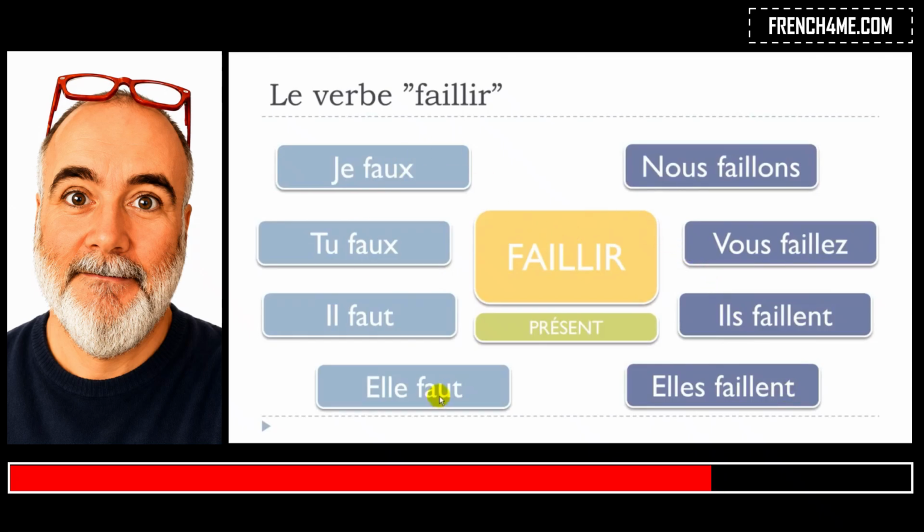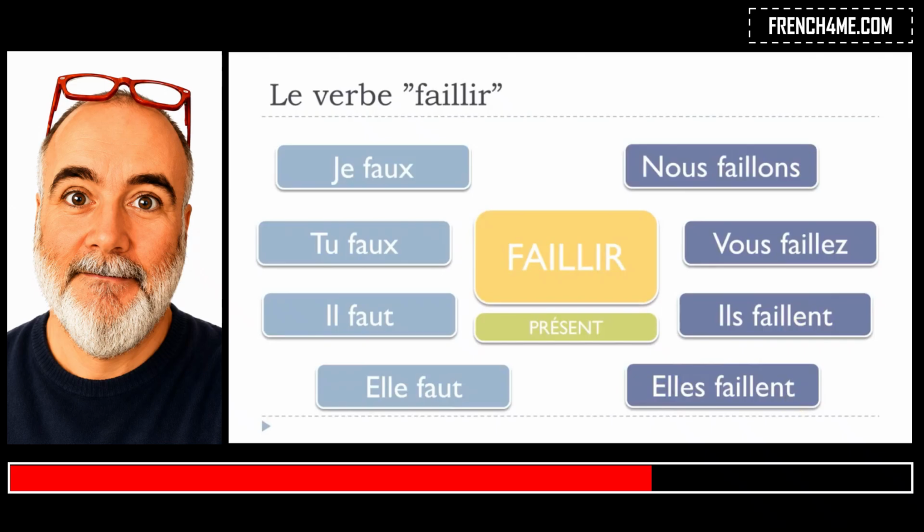Okay, but then they do exist, so that's the reason why I thought it was important to show these forms to you. So one more time, it goes like je faut. Okay, remember X, but then you don't pronounce it. Tu faut, il faut, elle faut. Then nous faillons, vous faillez, il faille, elle faille.